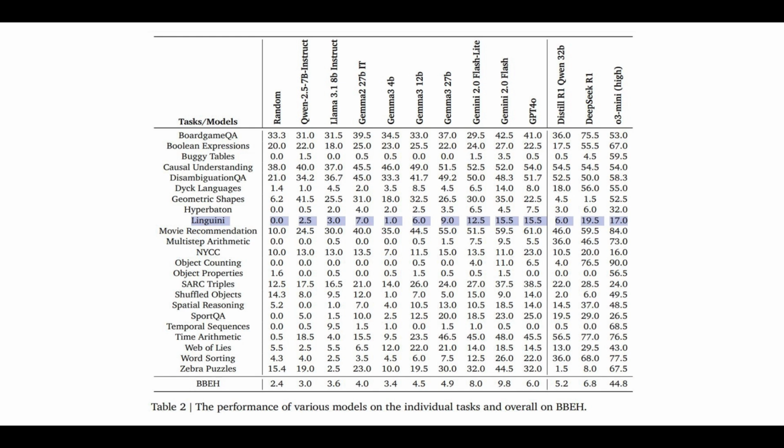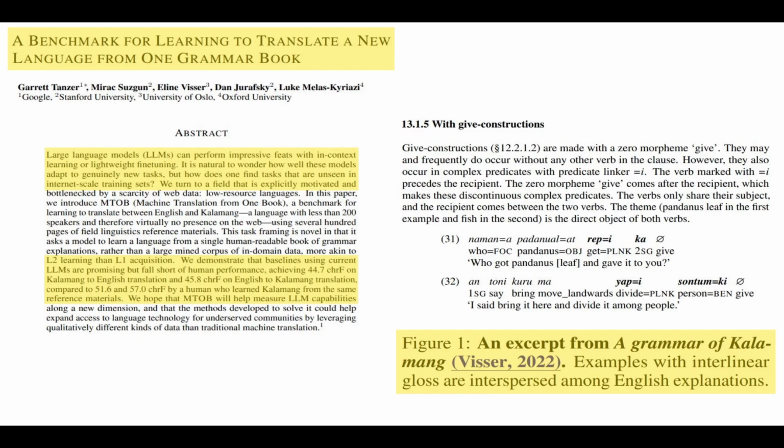The performance is more or less similar to ARC, the other data set, around 10 to 20%. So that means that there is a lot of things to do in order to make these large language models be able to deal with thousands of languages in the world, right?